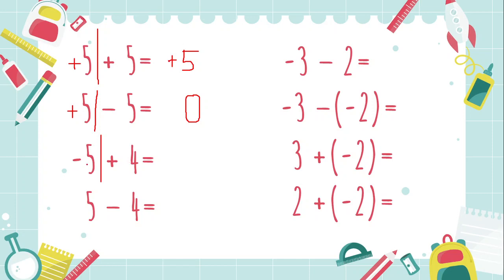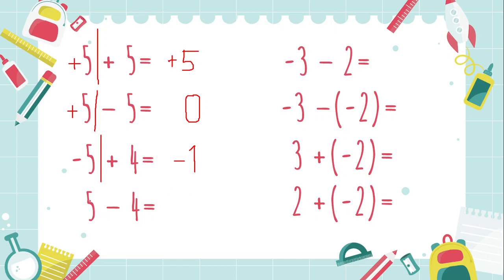So we have 5 minus 4 equals 1. Now what about the sign of the result? All we need to do is to copy the sign of the biggest number. So we have 5 here is bigger than 4 and the sign of 5 is negative, therefore we just copy the sign of the biggest number. So we have negative 1.